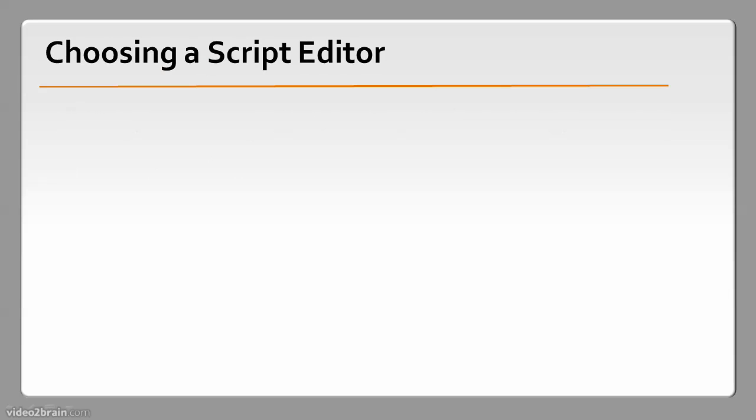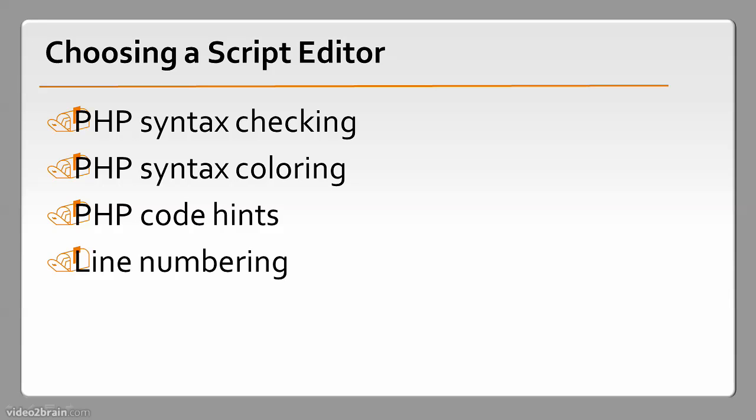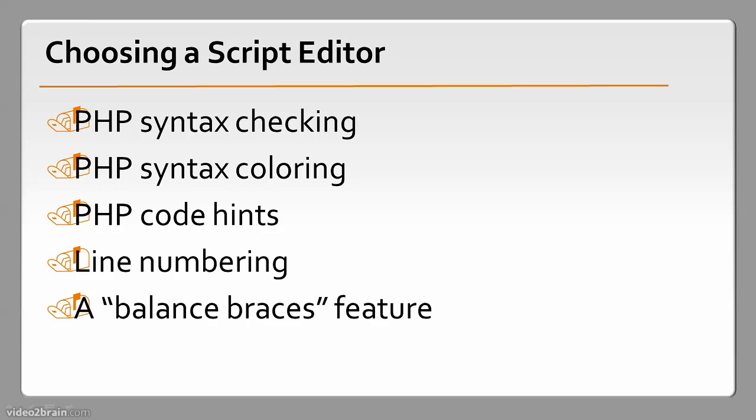Although PHP is plain text, I strongly recommend that you use a script editor with the following features: a PHP syntax checker to make it easy to spot mistakes in your code, syntax coloring to highlight the different parts of the language, which also helps identify mistakes, code hints to remind you of how to use built-in and custom functions, line numbering, and a feature to identify matching opening and closing braces.